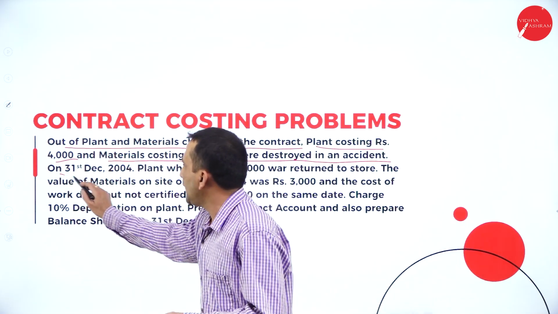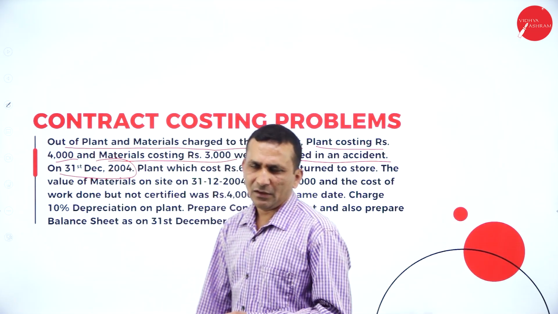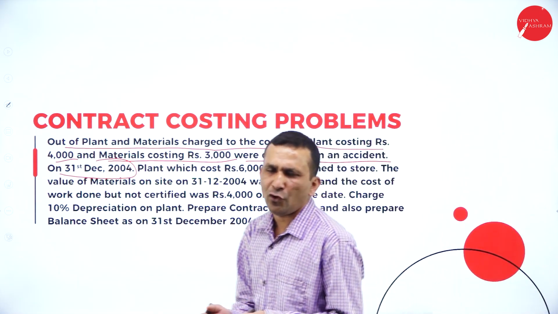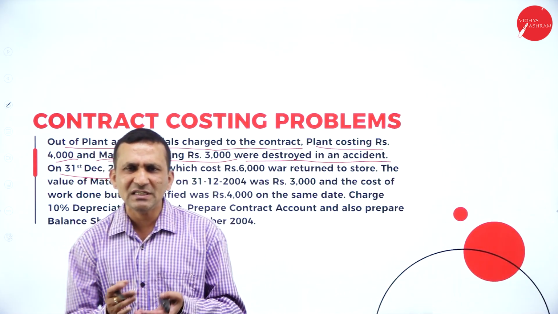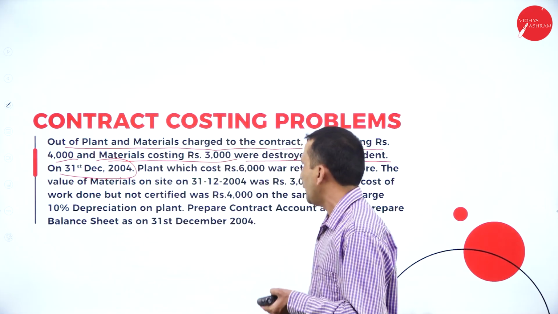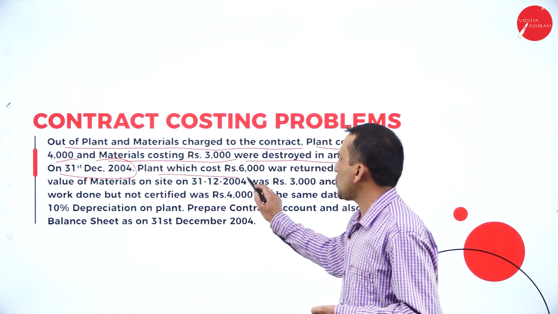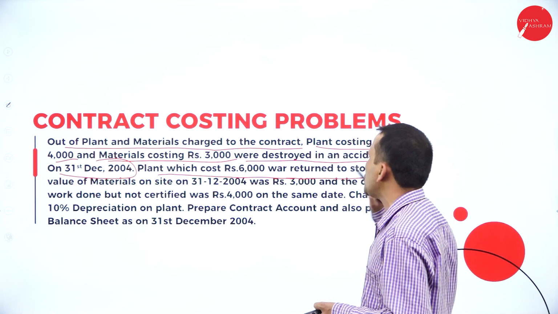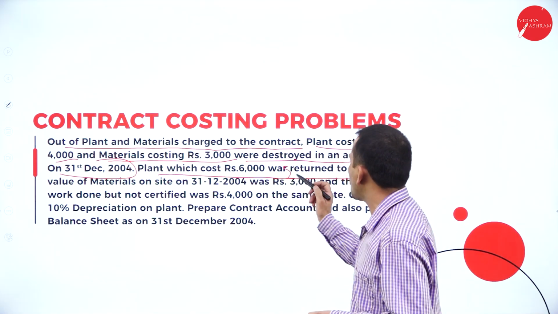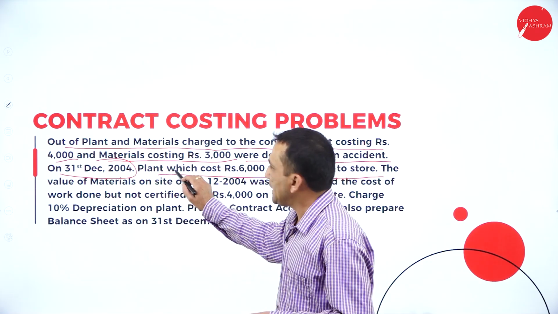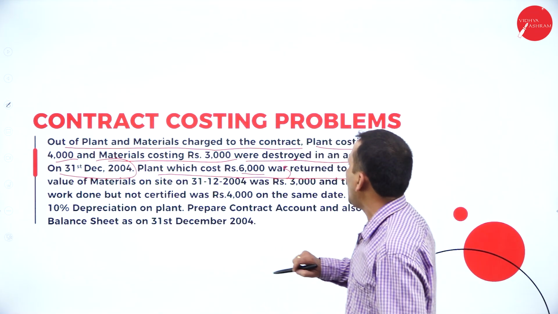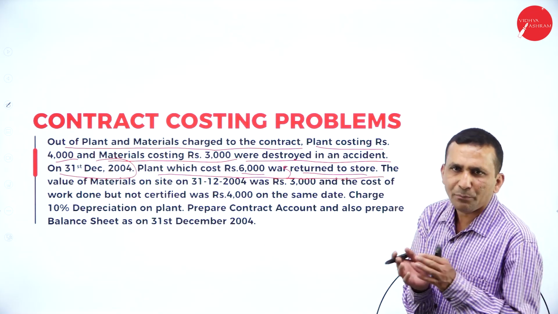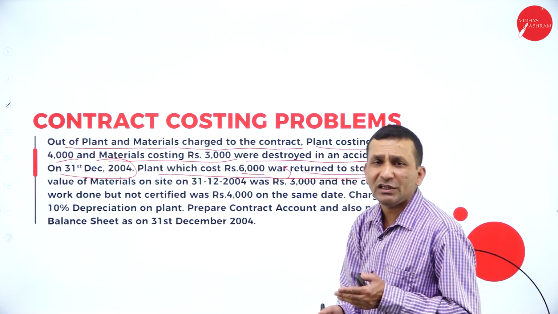At the end of the year, because the contract commenced on 1st Jan 2004, the end of the accounting year means 31st December 2004. Plant which cost 6,000 was returned to store, because after completion of work it will be returned to the store.